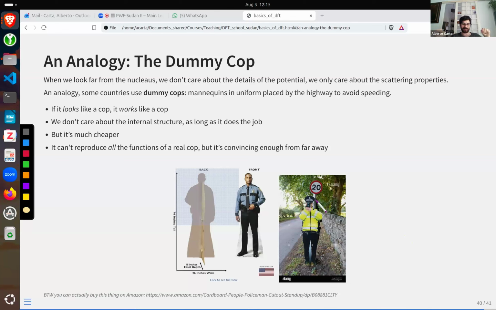In some places here in Europe, if you want to respect the speed limit, they will put a cutout, a little cartoon of a fake cop taking a picture of your car in order for you to slow down. From far away, one cannot distinguish whether it's a real cop taking the picture of your car or this fake cartoon cop, and so the cars will slow down anyway.